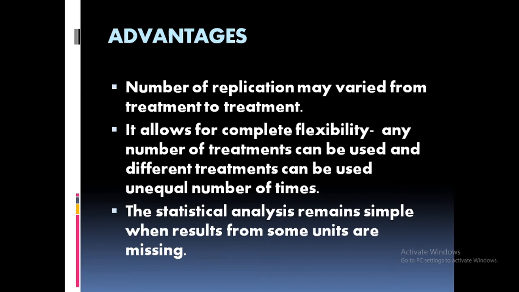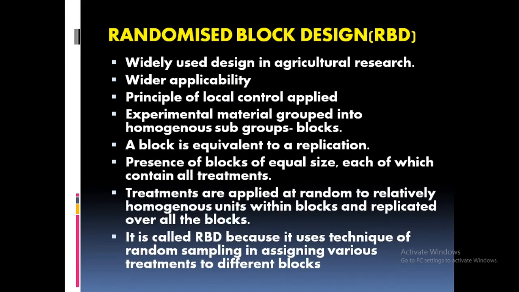Understood? Okay. Now, the second one is the randomized block design, RBD. This is a widely used design in agricultural research and also has wide applicability, and it follows the principle of local control.